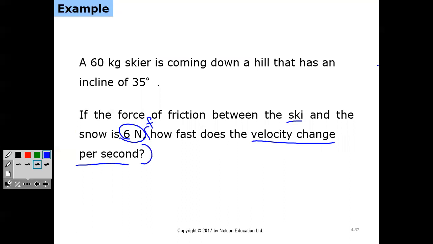Yeah, this is an incline and the skier is here. Incline is a common word, right?